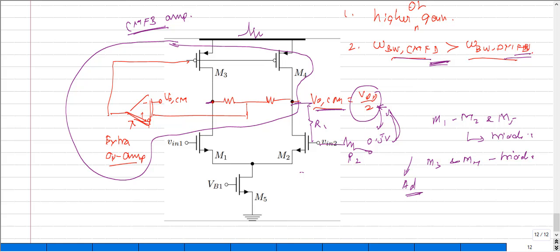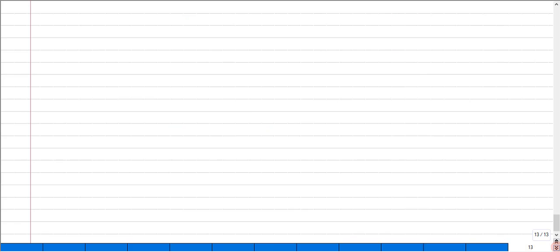And again, in general, I can state one more piece of information. In principle, a fully differential circuit like this requires double the power consumption. It requires more power consumption than our single-ended configuration.